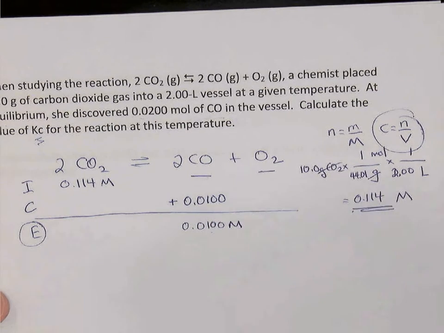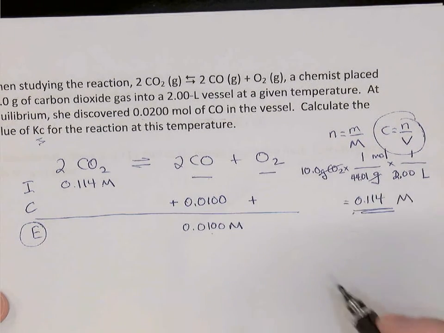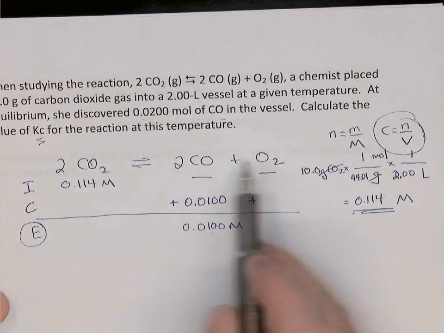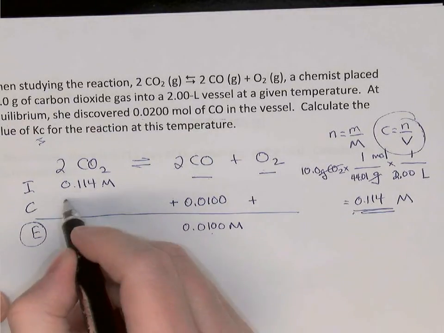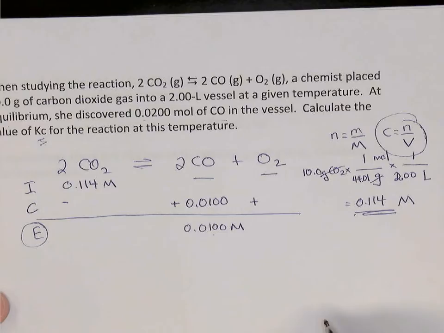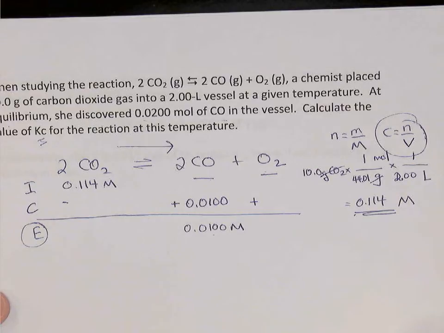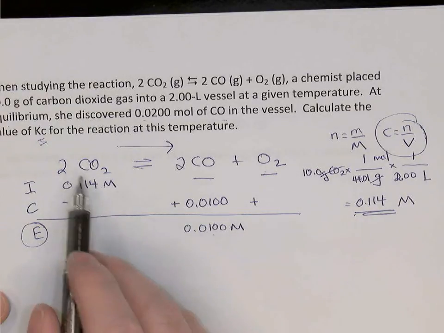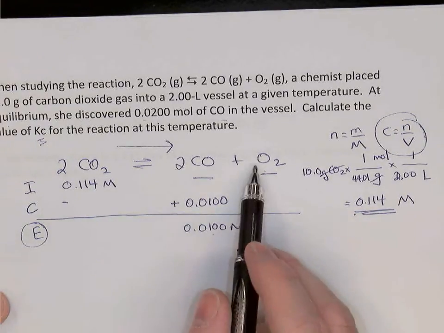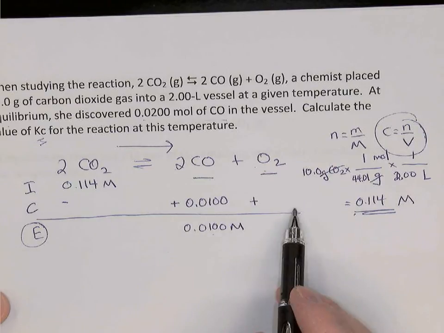Since we've increased the CO, we'll increase the O2 as well. They're on the same side of the equation, and we must be decreasing the CO2 because it's on the opposite side of the equation. So this reaction was shifting in the forward direction, right? So now looking at the ratios, 2 to 2 to 1, we can fill in the rest of the change line.